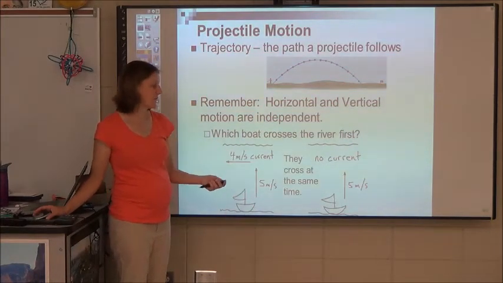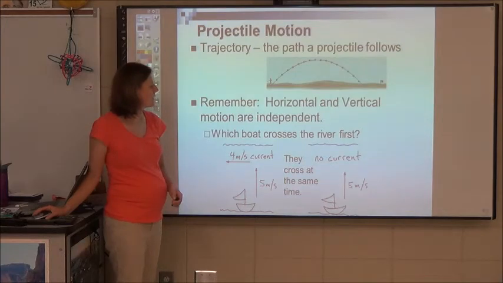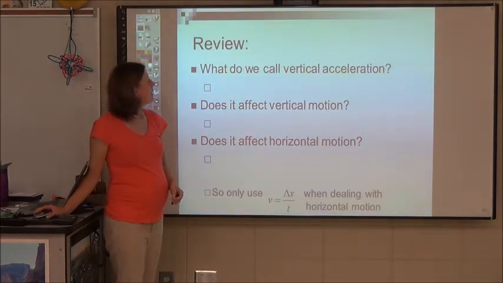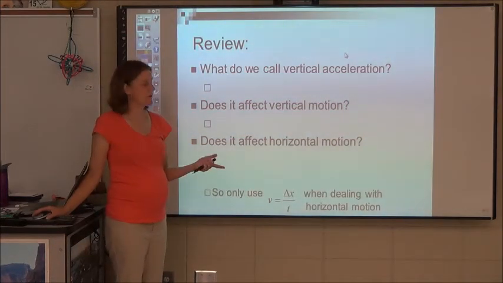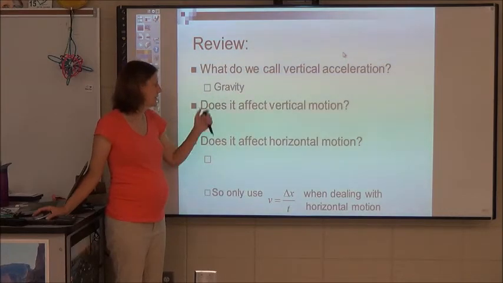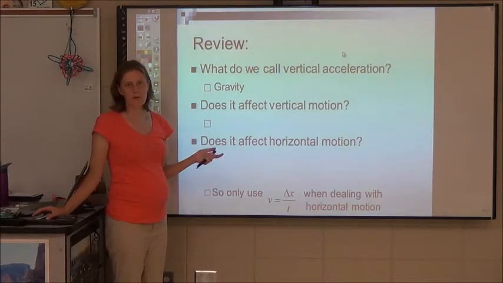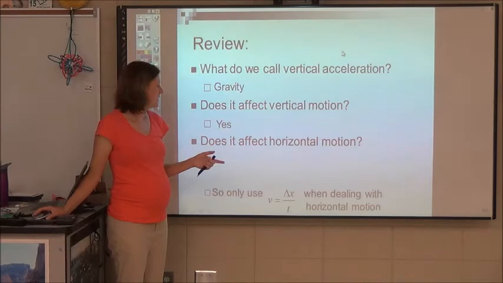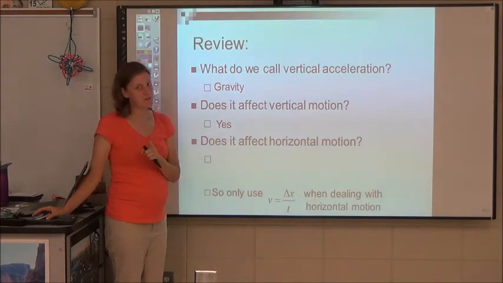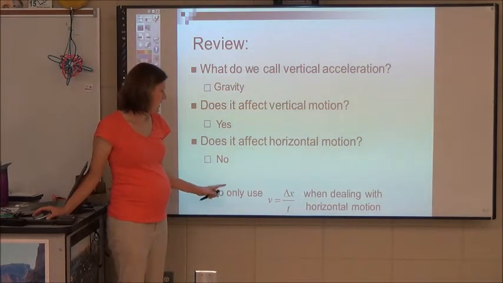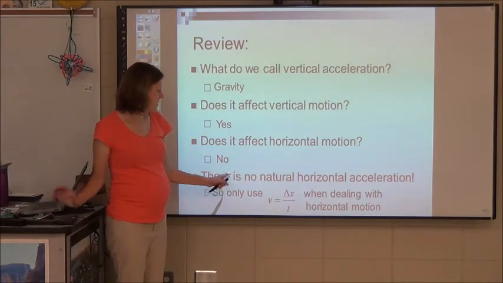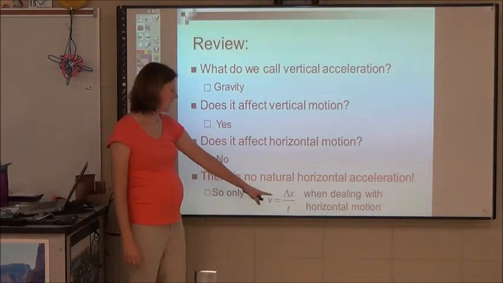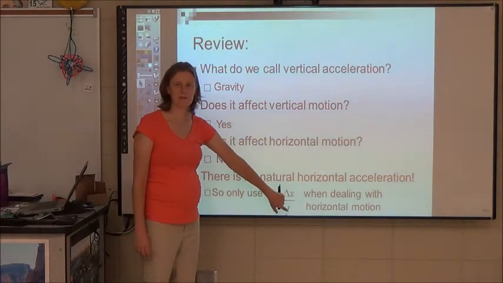The cross information is all the same. All right, what do we call vertical acceleration? Okay, gravity. Does it affect vertical motion? Yeah. Does it affect horizontal motion? No. So if we are dealing with horizontal motion, we would simply use our basic displacement over time.